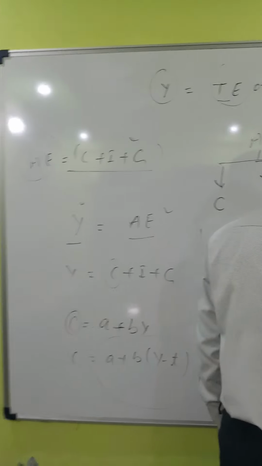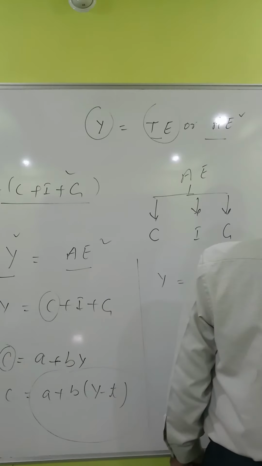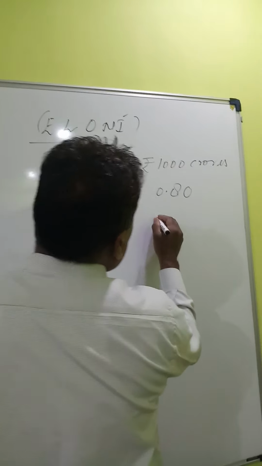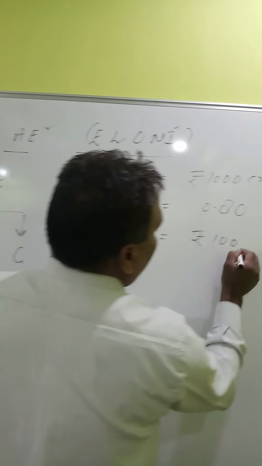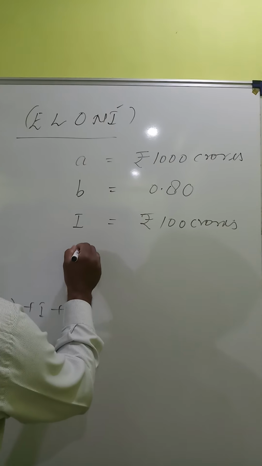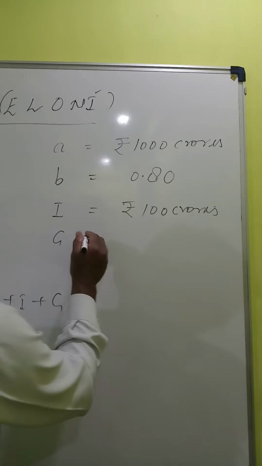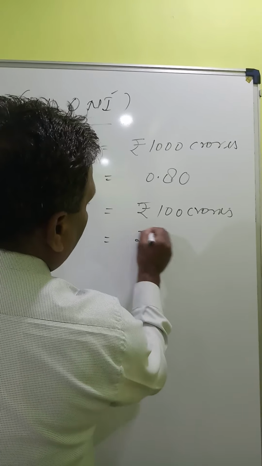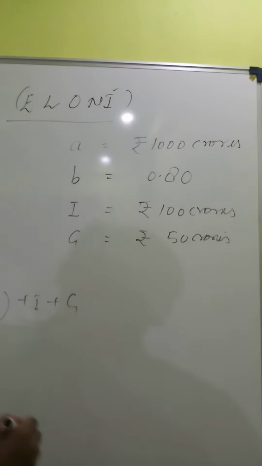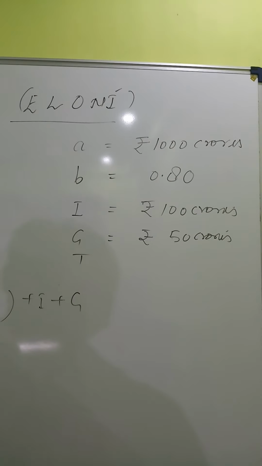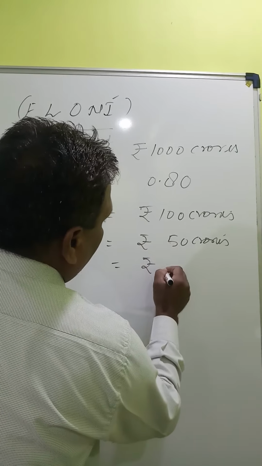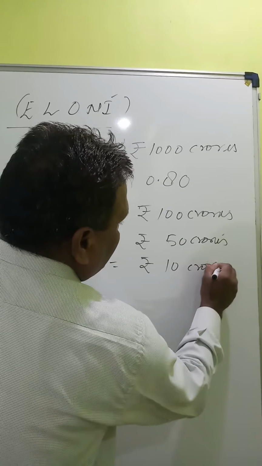We are also going to assume I, investment expenditure, is equal to rupees 100 crores. Assume G, government expenditure, is equal to rupees 50 crores. T stands for taxes. We assume taxes are rupees 10 crores.